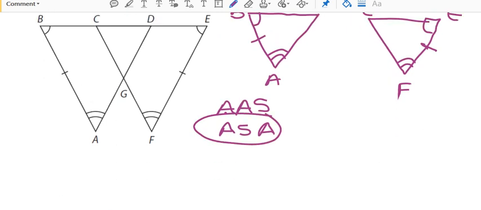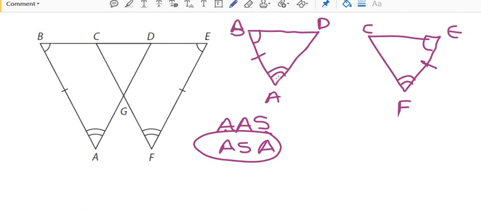Now, when you go to state the congruency here, you want to be careful. So I'm going to do BAD. So that's from the one arc to the two arc to no arcs. So I'm going to state that triangle BAD is congruent to triangle, so that's one arc to two arc to no arcs, right?